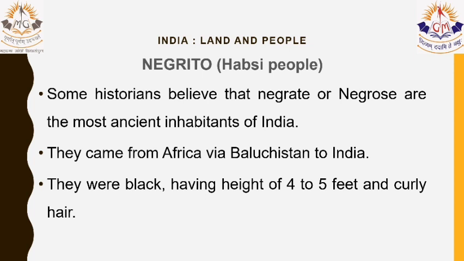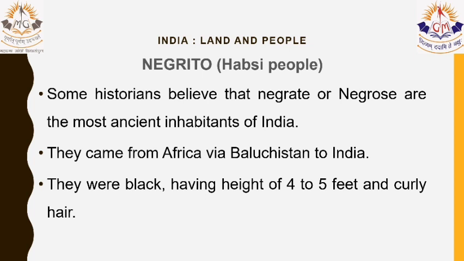Please remember that this tribe was known by many names: Negrito tribe, Habsi people, Negrate, Negroes, or black people. So please remember all these names, it will be very useful in answering the questions. So, they came from Africa via Balochistan to India.